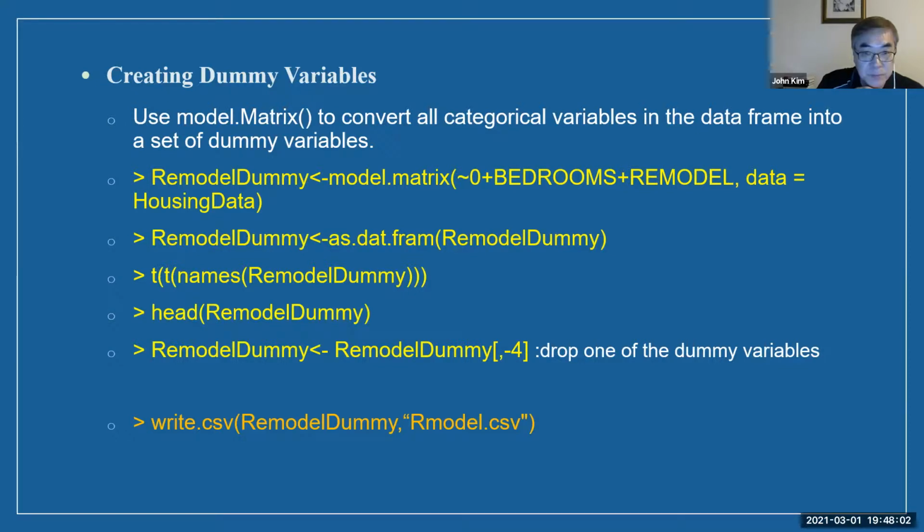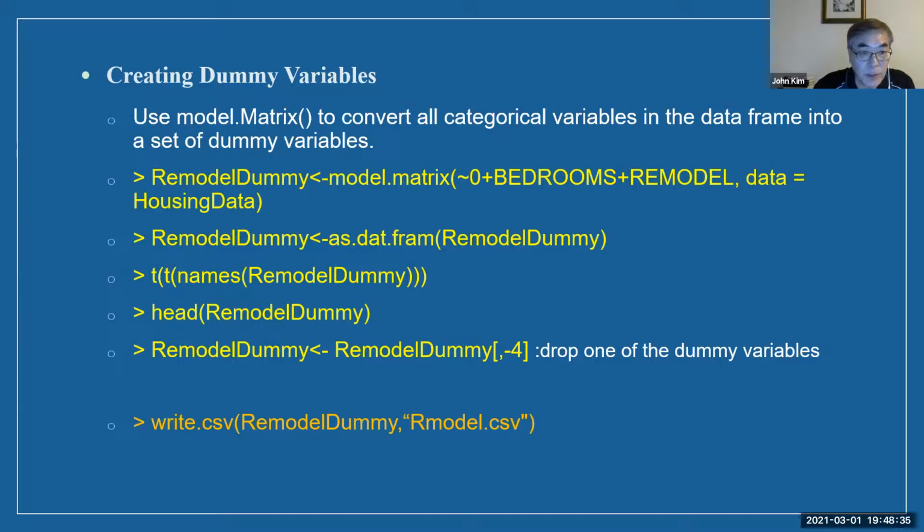If we want to remove a column from remodel dummy, put remodel dummy and comma -1.